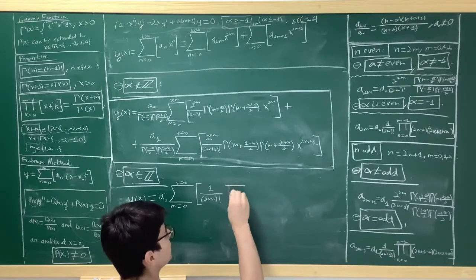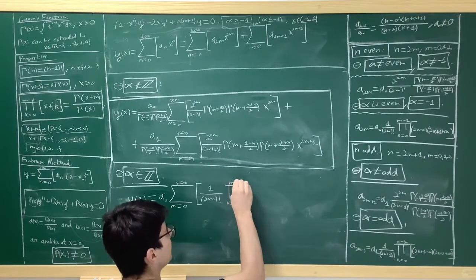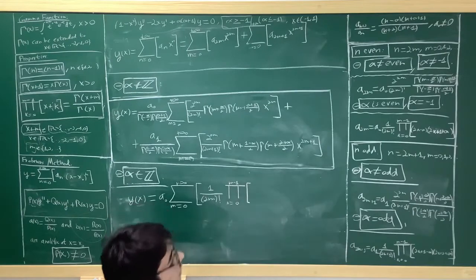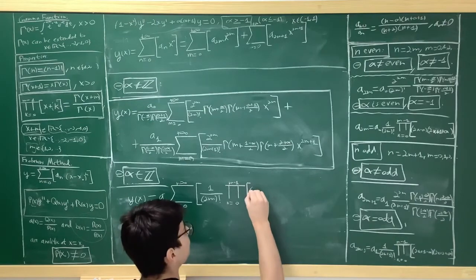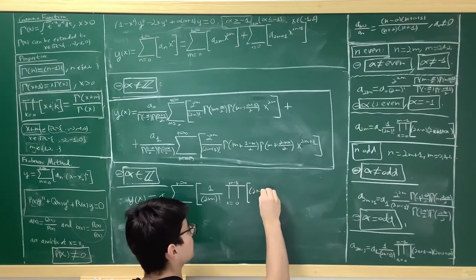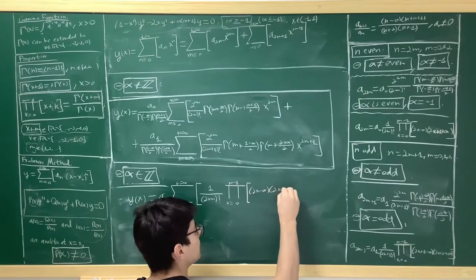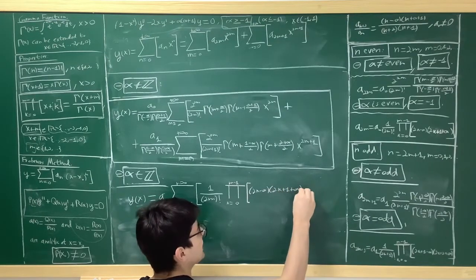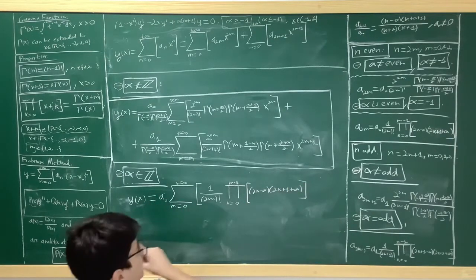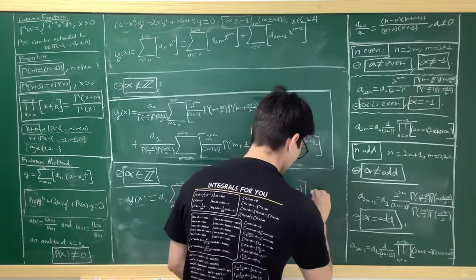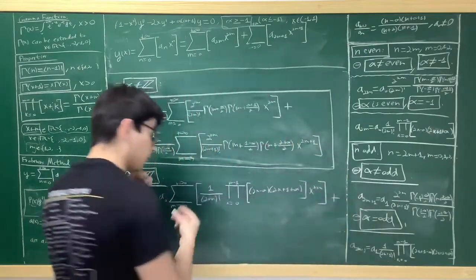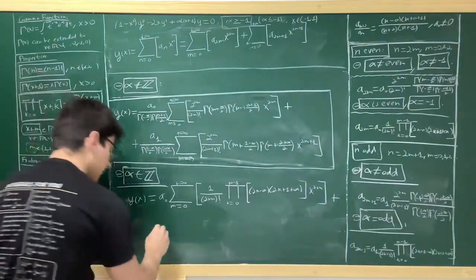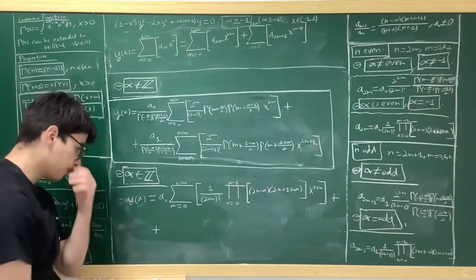This product is the product from k equals 0 to m minus 1 of 2k minus alpha and 2k plus 1 plus alpha. Lastly, x to the 2m. So this really is just another polynomial, an even polynomial, right? Because it just constitutes even terms.